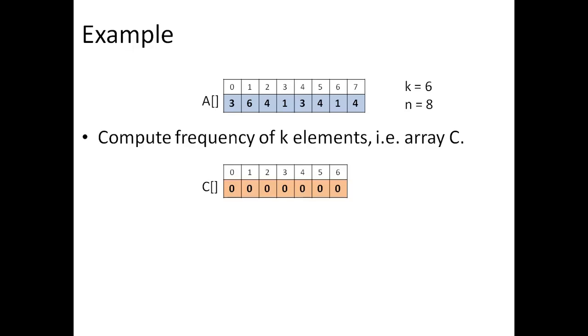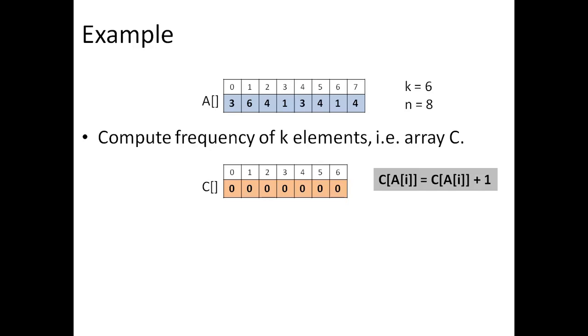Next, we take a temporary array C of size k plus 1 to store the frequency of each of the k different elements. Here k is 6, therefore the array C has valid indices from 0 till 6 and their contents are initialized to 0.